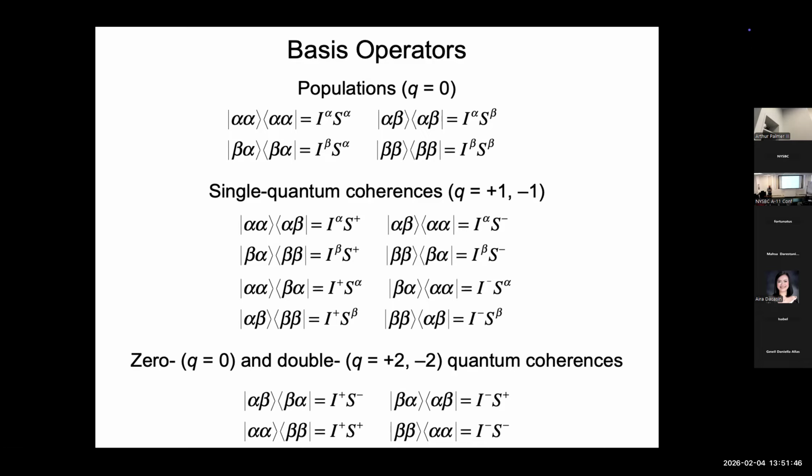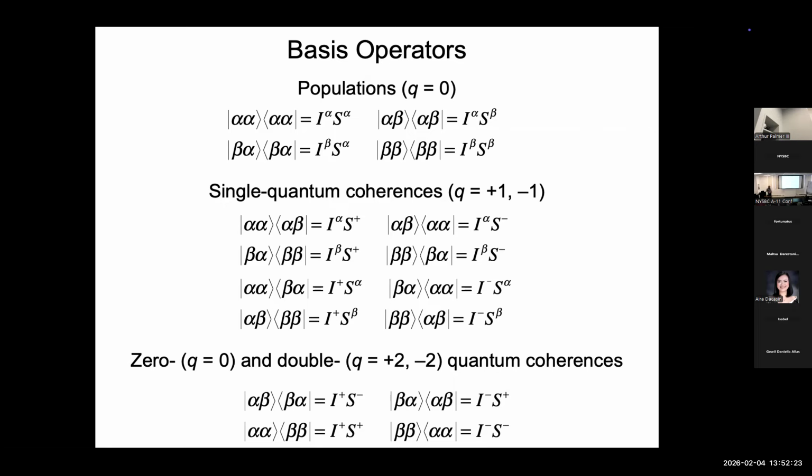So I can look at these and write down what they mean. And if I want the matrix, I just have to take the column that corresponds to alpha alpha, which would be 1, 0, 0, 0. And then the row vector that's alpha beta would be 0, 1, 0, 0. And then just multiply them together. That would be the matrix representation of I alpha S plus. But you can see I have all the combinations.